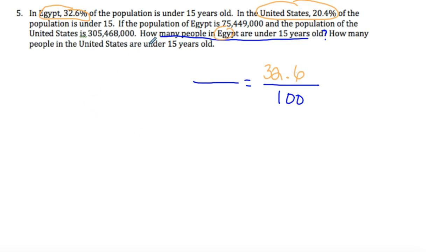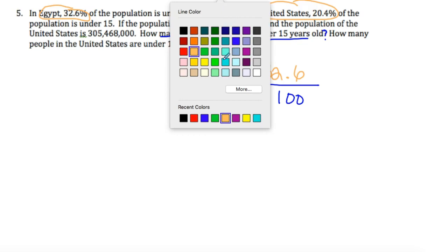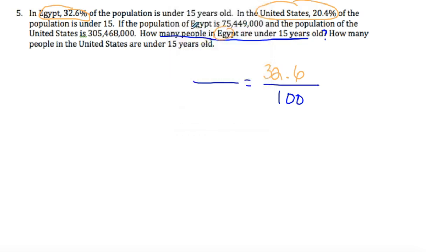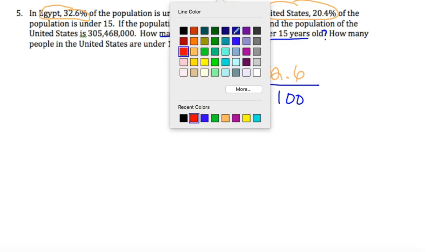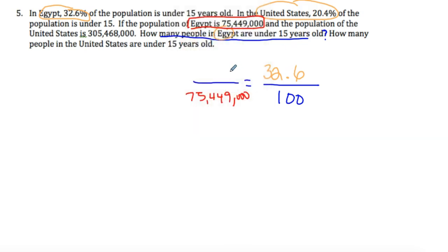If the population of Egypt is 75,449,000, okay, this is the total number of people in Egypt, right? That's the whole group. What I'm looking for is the portion of them, the part that's under 15.